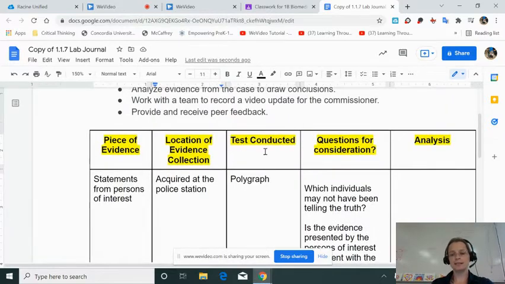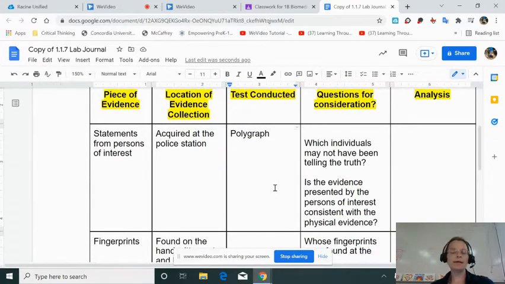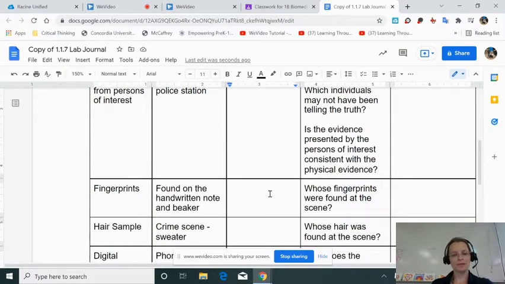Next, the test conducted. Okay. We did the polygraph. We tried to do that with the heart rate monitors, but we had the data from the people of interest. The fingerprints, we did a fingerprint analysis.